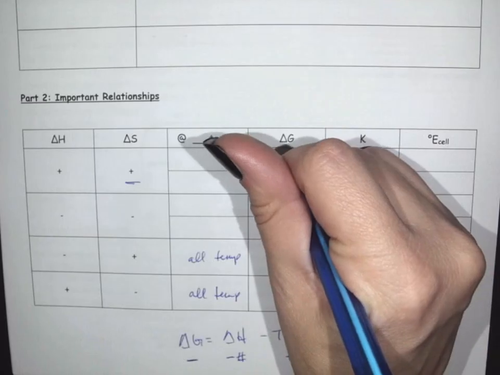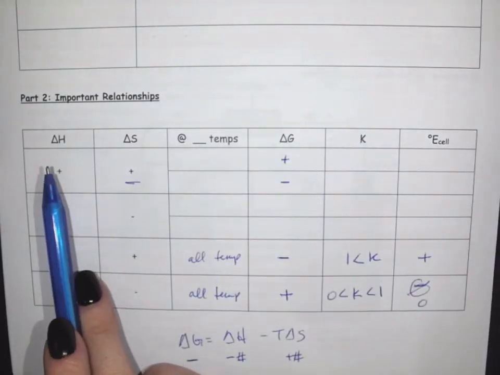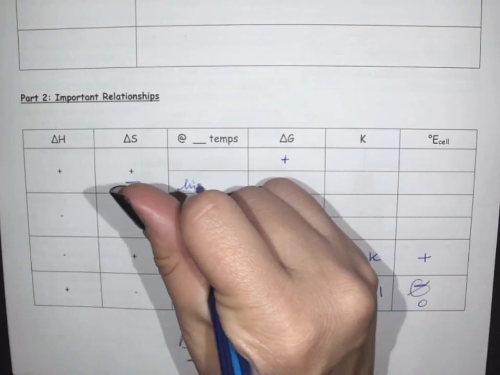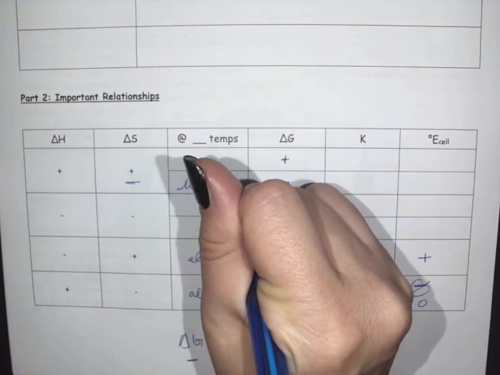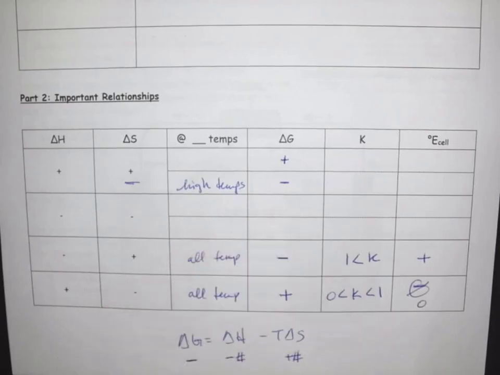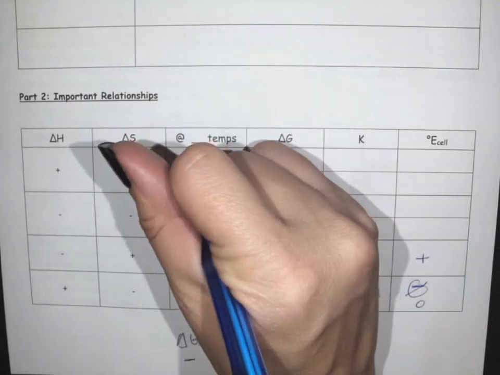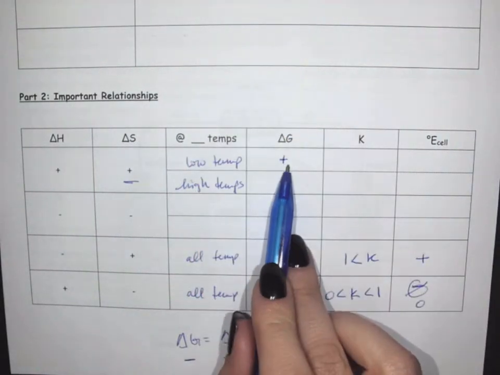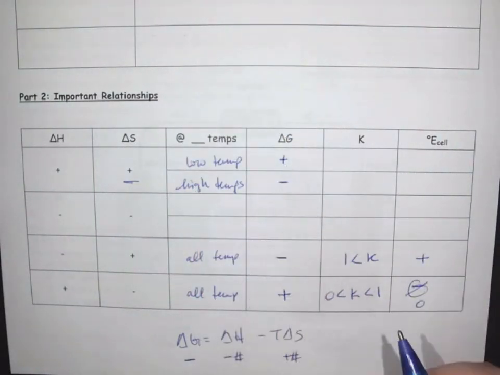And here's those scenarios. So positive, positive means at high temps the reaction does happen, that it's a negative delta G. But if it's positive, positive, and it's low temperatures, then delta G is positive, the reaction's not happening.